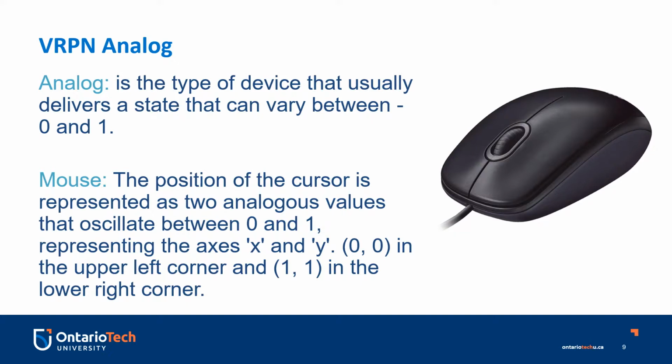For instance, a mouse could be used in a VRPN analog entity where the coordinates 0, 0 are in the upper left corner and 1 are in the lower right corner.